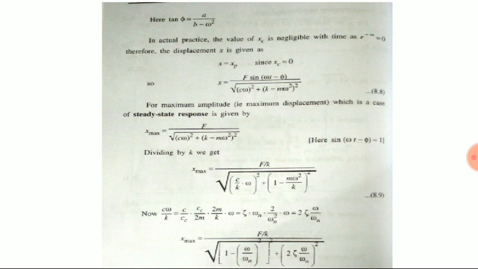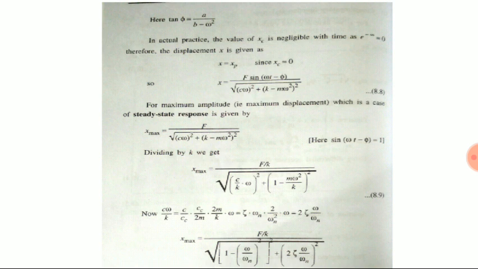When this term becomes maximum, for maximum amplitude, the sine omega t minus phi term will become 1. That is called the steady state response, the term in which the amplitude will be maximum.